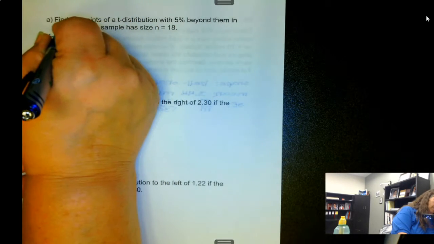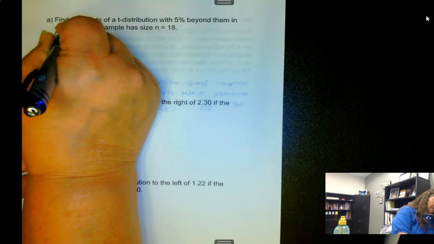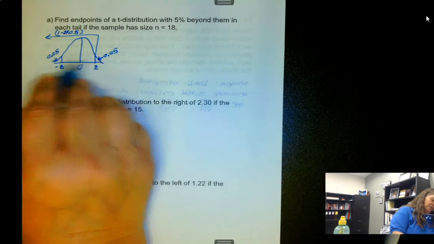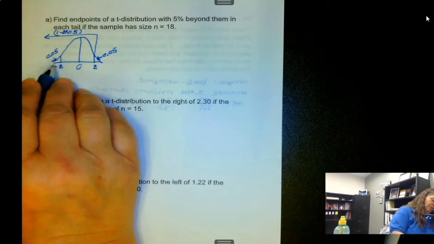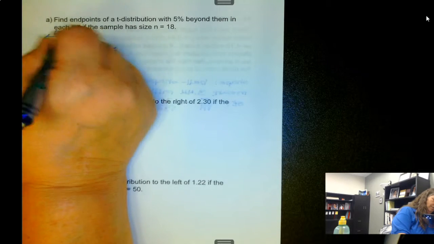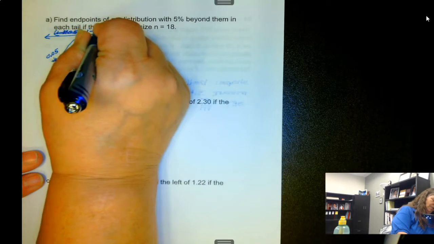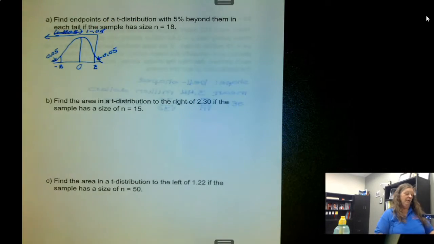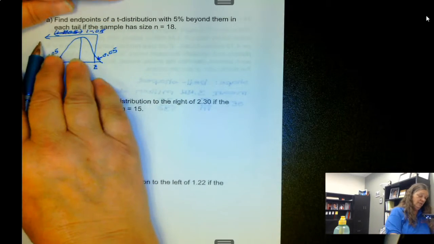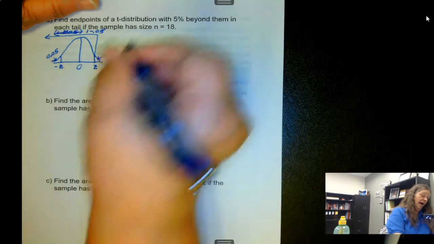Actually, no, that's making it harder. 1 minus 0.05 will give us the total area to the left.